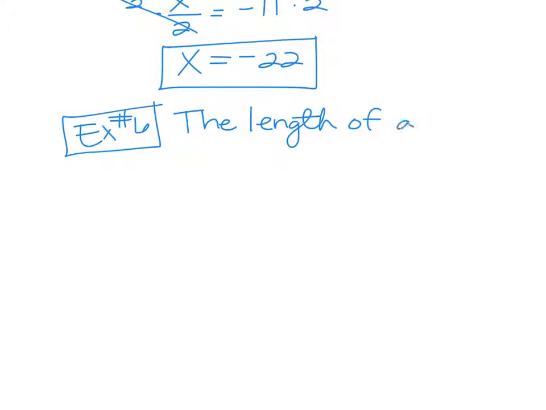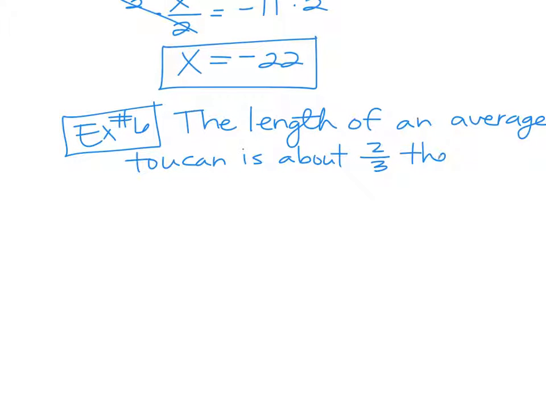The length of an average toucan is about 2/3 the length of an average macaw.